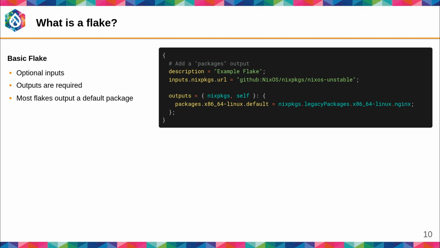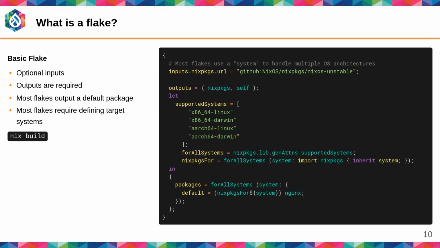And so a package is what this flake outputs, one of the things it outputs. And so this one here is basically saying, get a copy of Nginx from Nix packages, and that's my output. So this by itself just basically is repackaging Nginx.